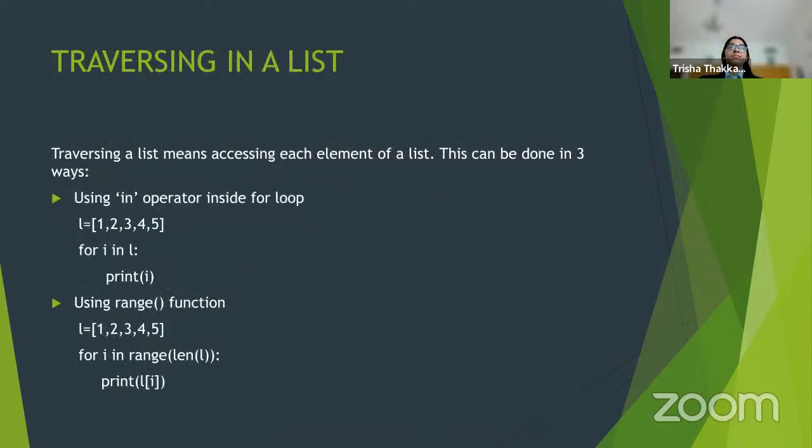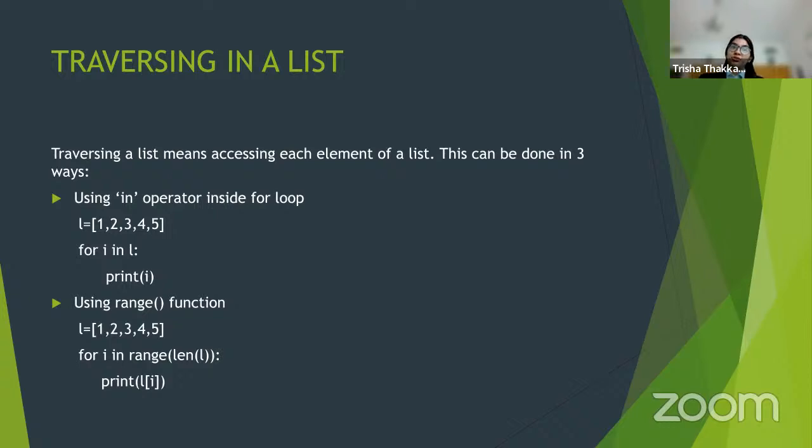Traversing a list. Traversing a list means accessing each element of a list, and this is done in three ways. Using the in operator inside the for loop. The code for this would be for i in L: print(i). Over here, i takes the value of each element in the list and prints it one by one.